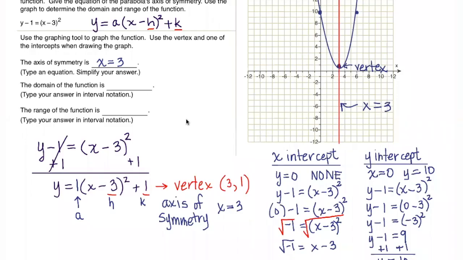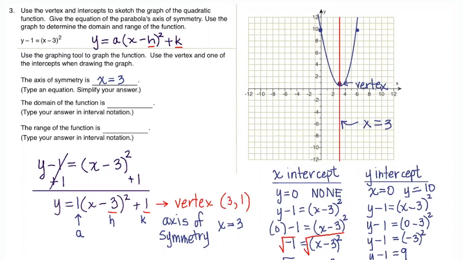Going back to our problem, we have a couple of things to answer. The domain of this function is the lowest and highest x values. So when I look left to right, well, there's this point that has an x coordinate of 0, but then there's -1 will be somewhere out here, and -2 will be somewhere out here.